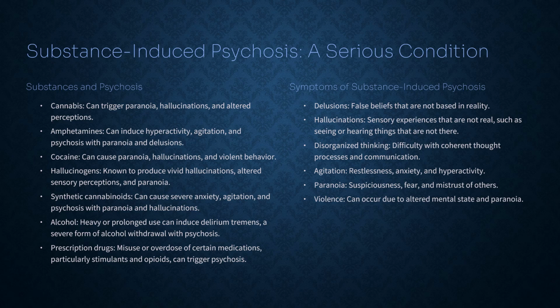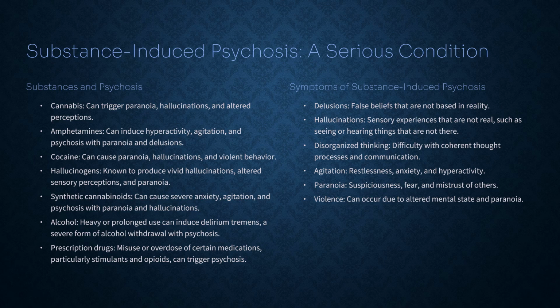They are sensory experiences that are not real. The patient might be seeing things, hearing things which are not there. So the patient might present to you saying that they hear voices, someone is talking to me, or that someone is standing there, or there is an animal or a snake that is trying to kill me, and so on. So this is what hallucinations are.